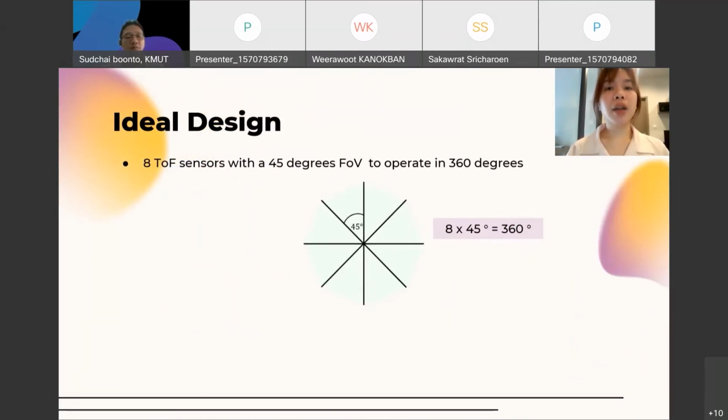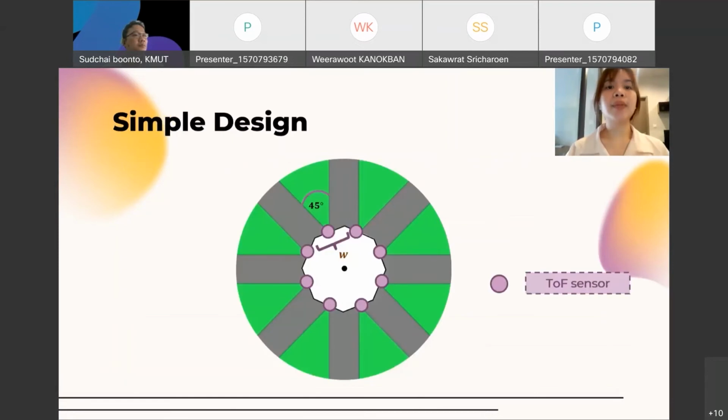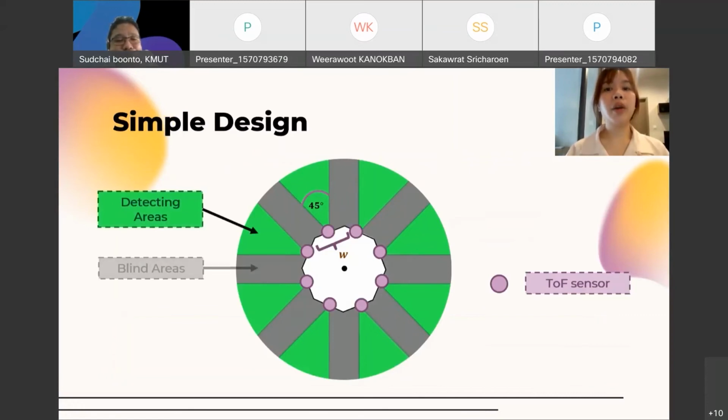However, in practice, sensors have dimensions, so they cannot be placed in the same position. This is the design considering the dimension of the sensor, called the simple design. Sensors are arranged in a ring. The green area represents a detecting zone, while the gray area represents a blind zone.